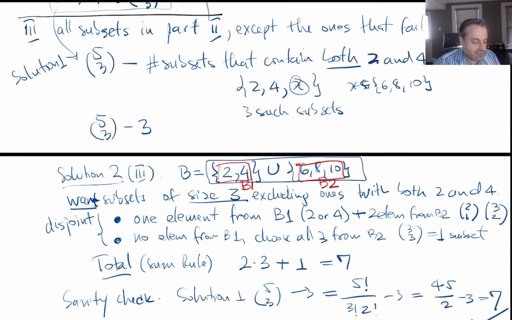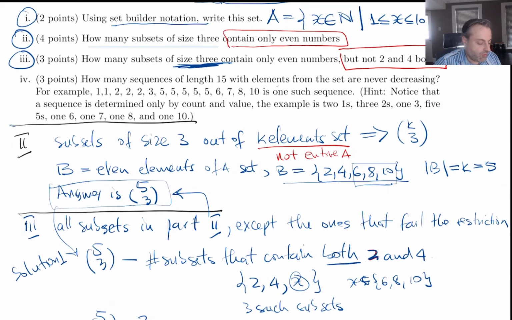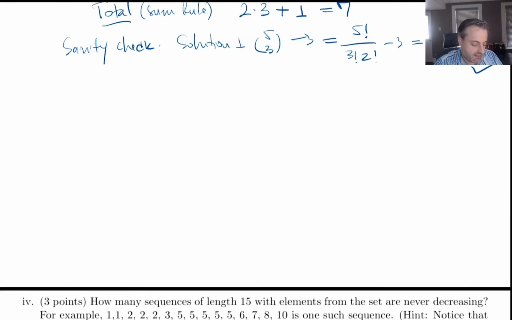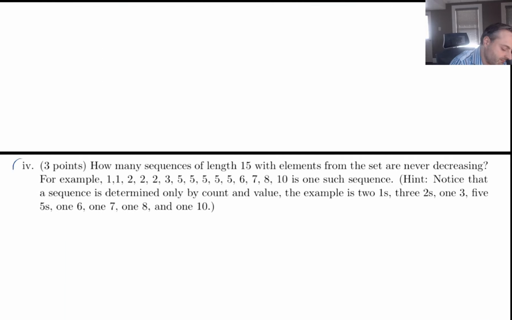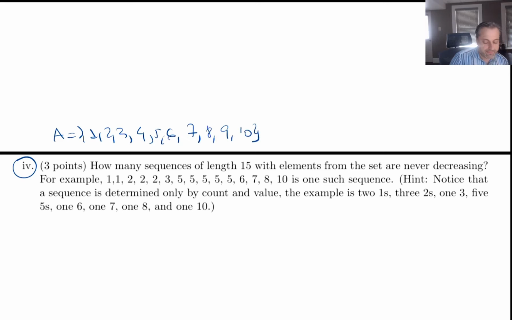So let's look a little bit into part 4. This one. For simplicity, I rewrote 4 in here, so we can look at it again. What we have is the original set. Remember, we had A. That is our set 1, 2, 3, 4, 5, 6, 7, 8, 9, 10.